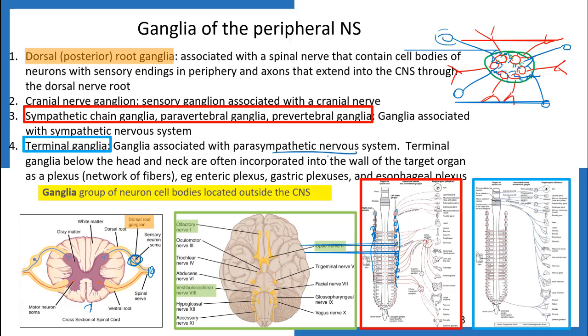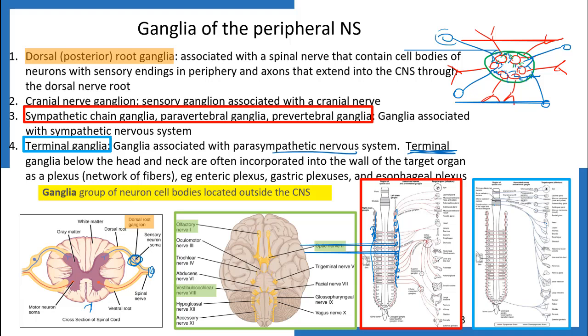And in the parasympathetic nervous system, there are terminal ganglia associated with it. It's called terminal because these ganglia, this collection of cell bodies, are located either very close or in the walls or tissue of the target organ that is associated with the parasympathetic nervous system.